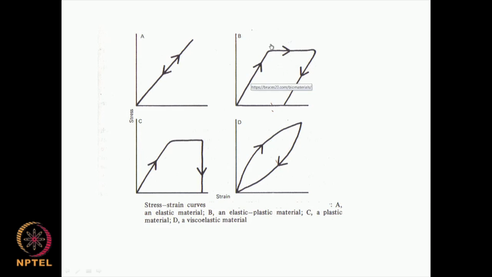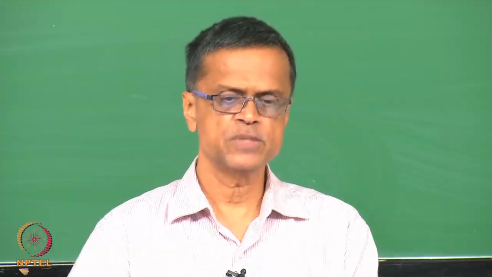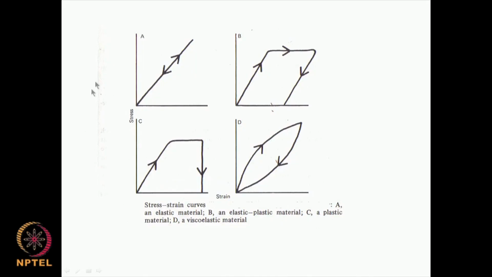Whereas if the material goes up as you increase the forces, but as you decrease the forces it comes through a different pathway, parallel but different, we have an elastic plastic material. So, we can have elastic material, elastic plastic material, and viscoelastic material. All these are possible in real life, especially if you look at different types of polymers, rubbers, silicones, they all undergo this type of behavior.